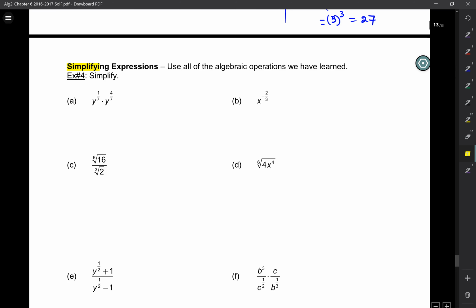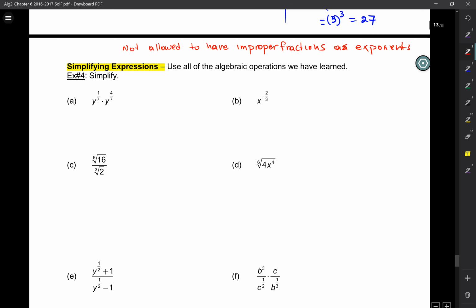We're going to add in one more thing, right, in simplifying. So one rule we're going to add is you are not allowed to have improper fractions as exponents.